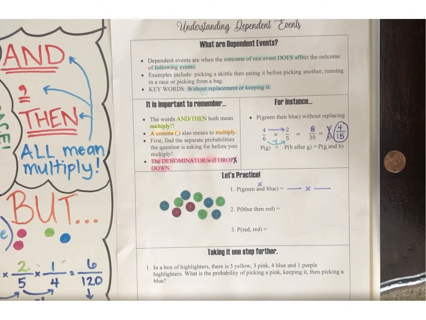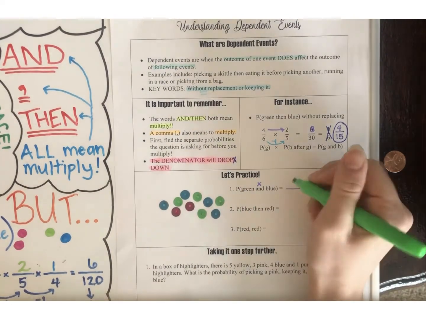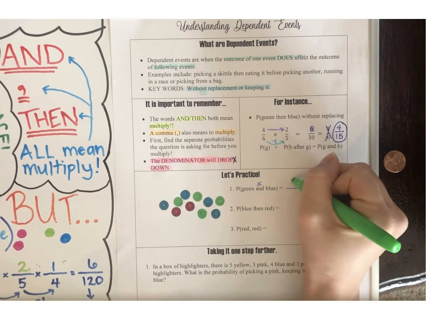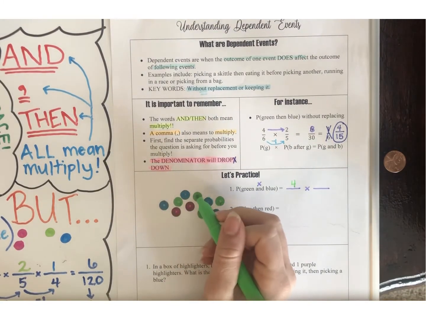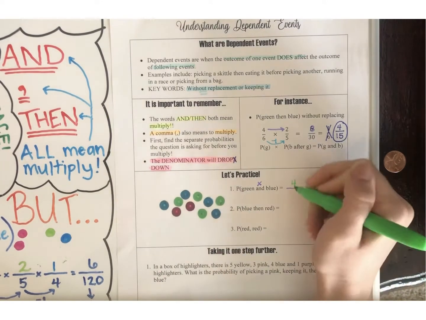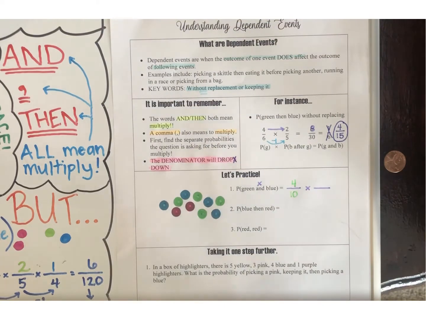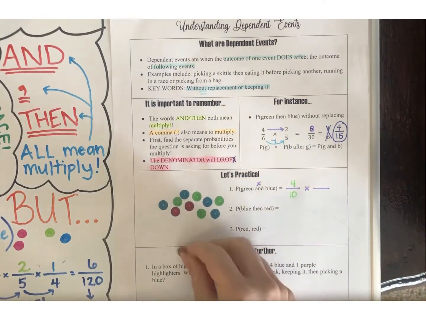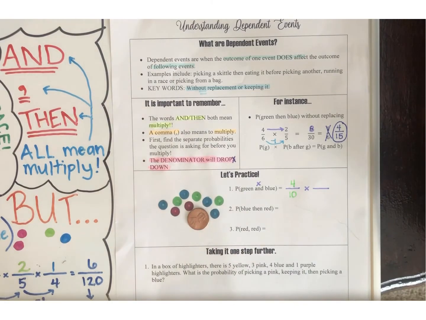Okay, so first, let's look at our green. We have 1, 2, 3, 4 green out of a total of 1, 2, 3, 4, 5, 6, 7, 8, 9, 10 marbles. Okay. After that event occurs, we have selected one of our greens, and I'm going to go ahead and cover it up.